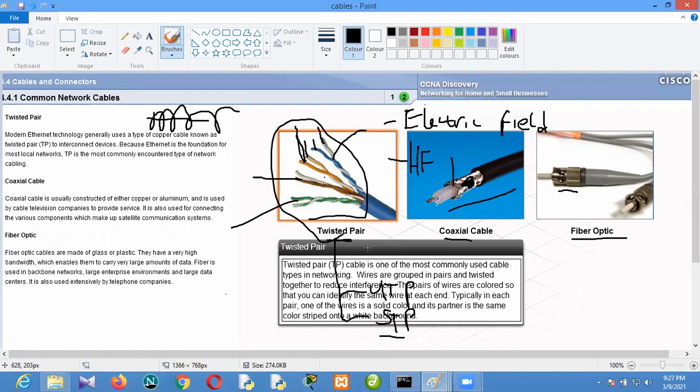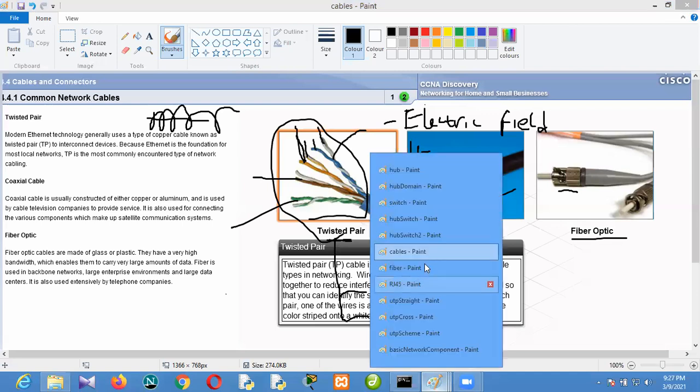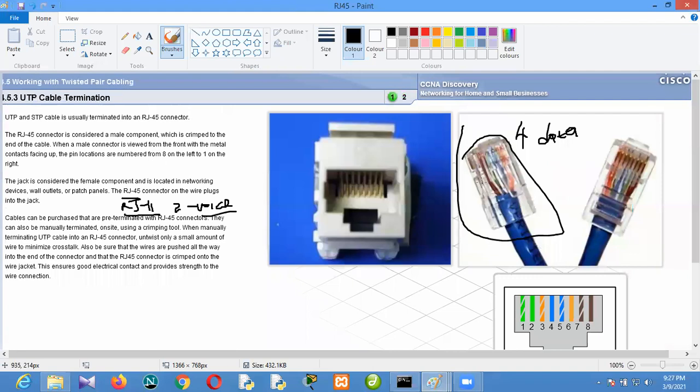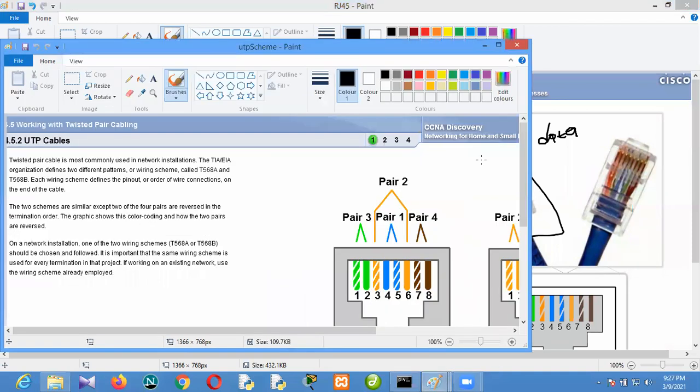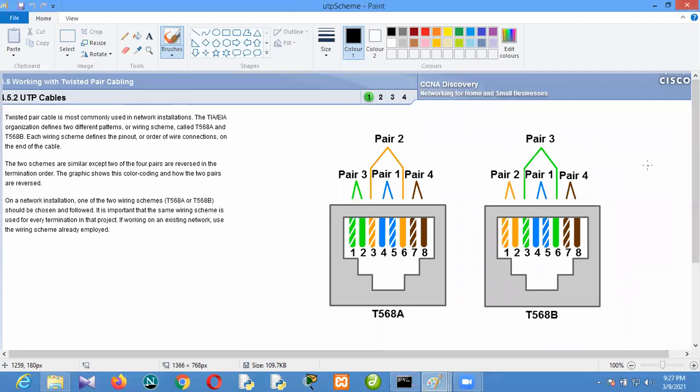Now, when you want to terminate them, there is a rule. You can't just bring RJ45 and put the cables inside. There is something we call a cabling scheme, the rule of terminating twisted pair.